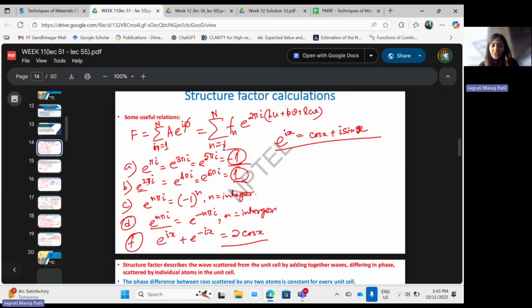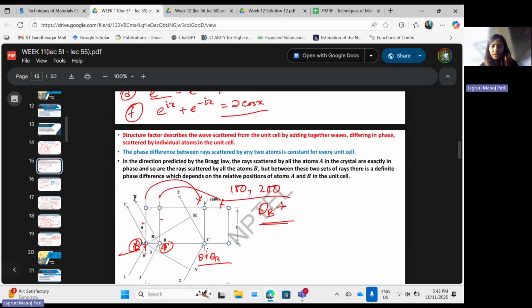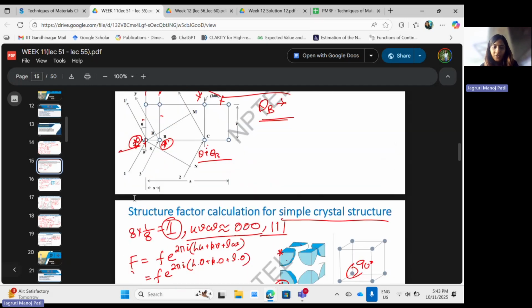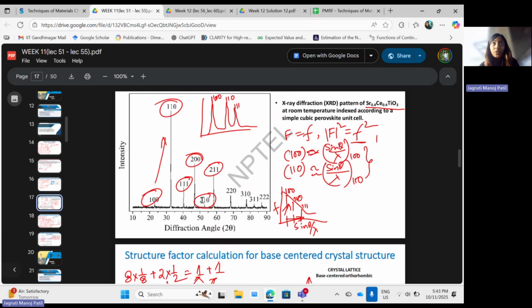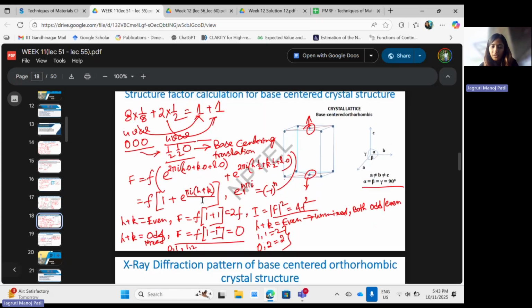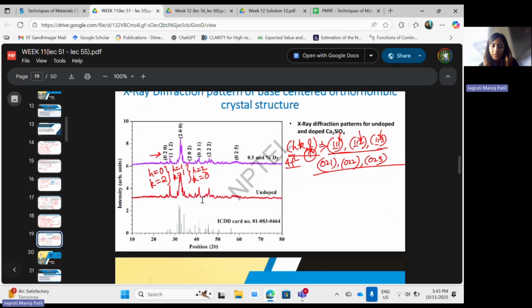We saw the structure factor calculations based on the particular geometry. You first should know basic trigonometry, Euler's law, and after Euler's law we saw that if a different type of crystal was given to you, a simple crystal, a body centered crystal, a base centered crystal, how your patterns would be affected.